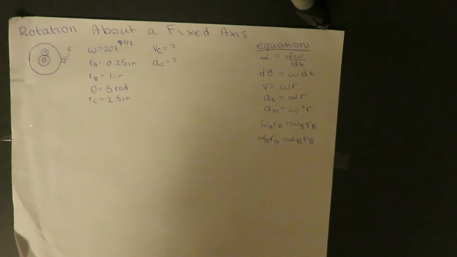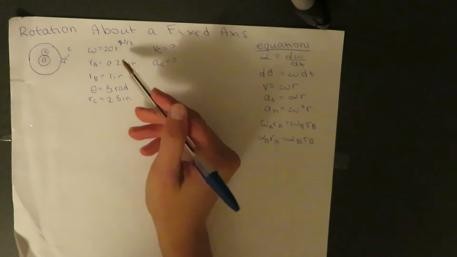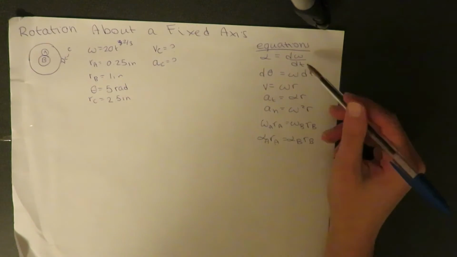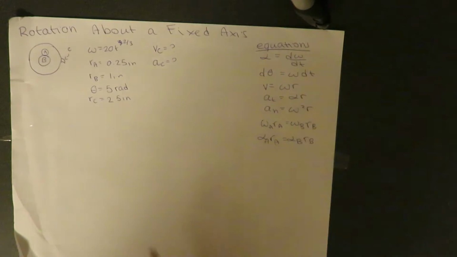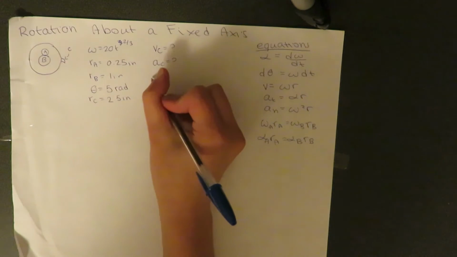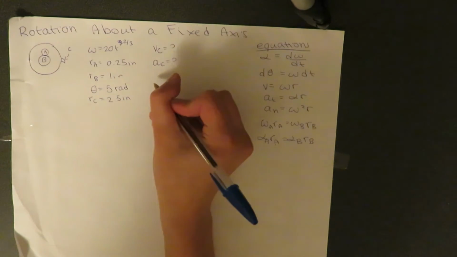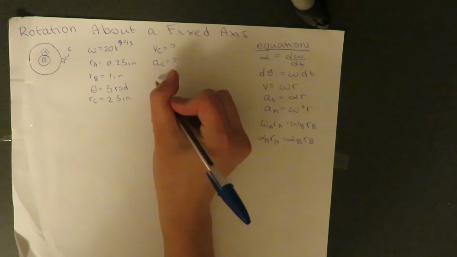So to start off this problem, we know that we have omega, and with omega, it's pretty easy to find alpha, so we're going to do that first. We know that alpha is just the derivative of omega, so I'm going to take the derivative here.